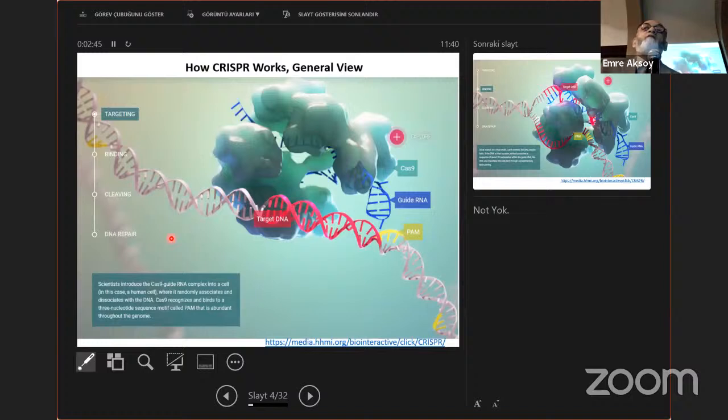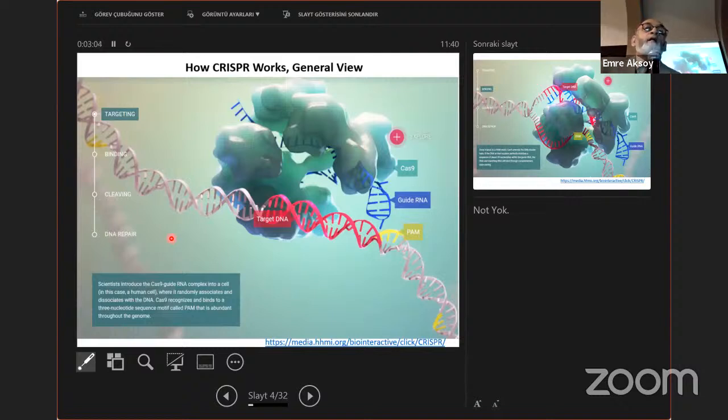So how CRISPR works is a general view. It has four steps. First is targeting, where we select the target. Then the binding process. Next is the cleaving process. And the final process is DNA repair.